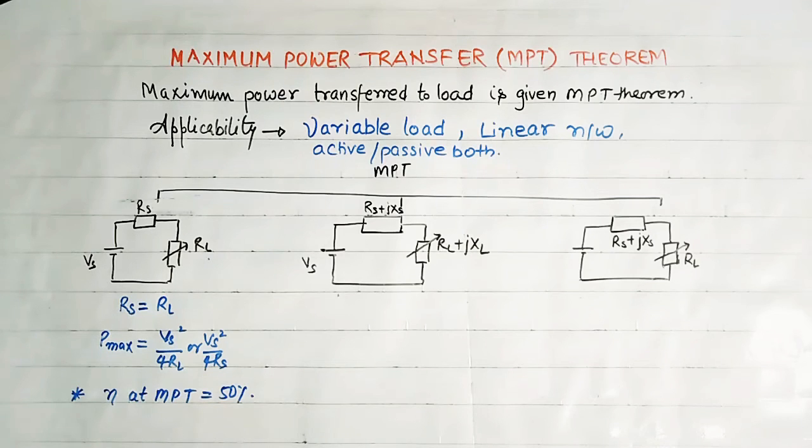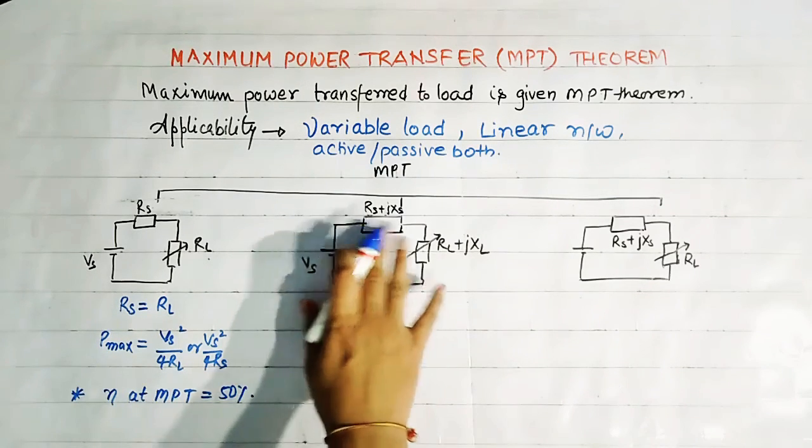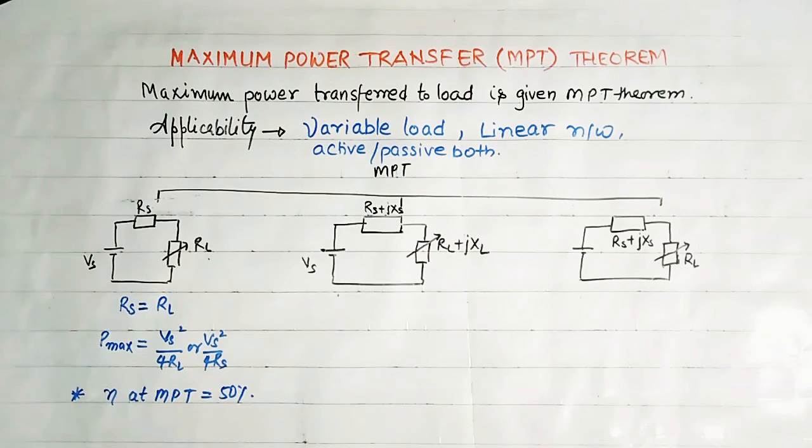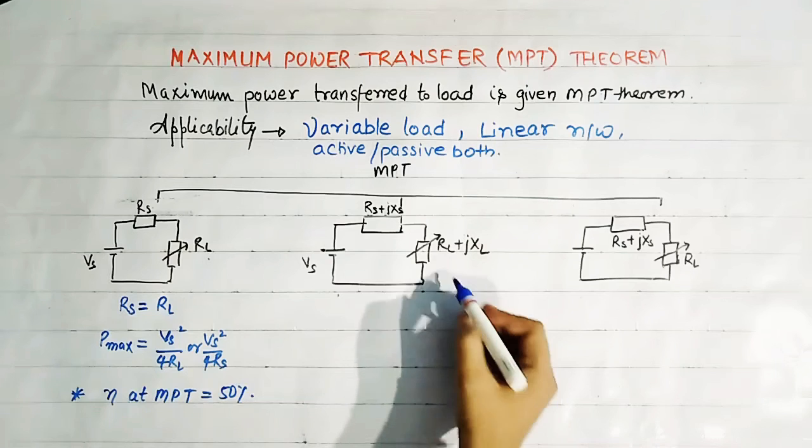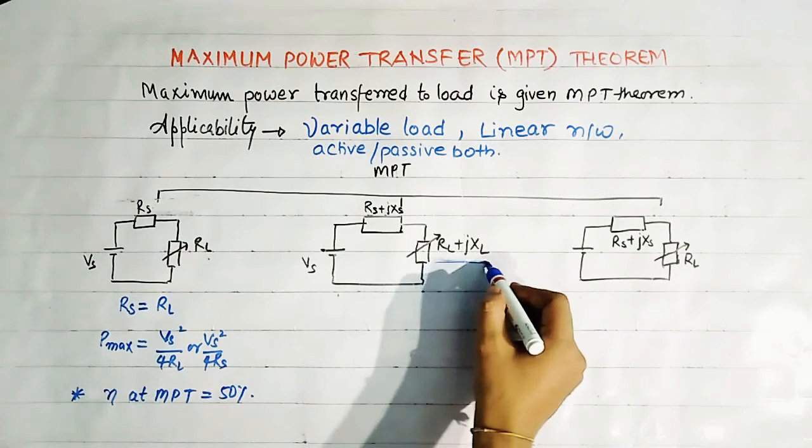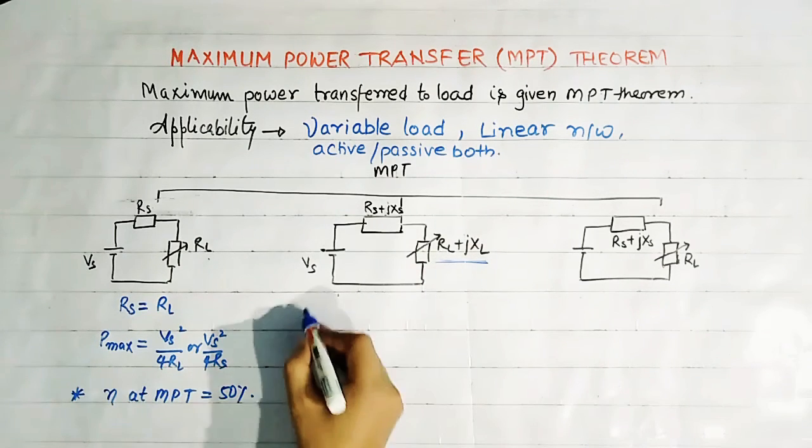Now take the second case. Here in the second case, suppose the source impedance is Rs plus jXs and the load impedance is RL plus jXL. Now in this case, we have to find the condition of maximum power transfer. See, here three cases are possible. As I already told you, for the applicability of the MPT theorem, the load must be variable. Now, this load can be variable in three ways.